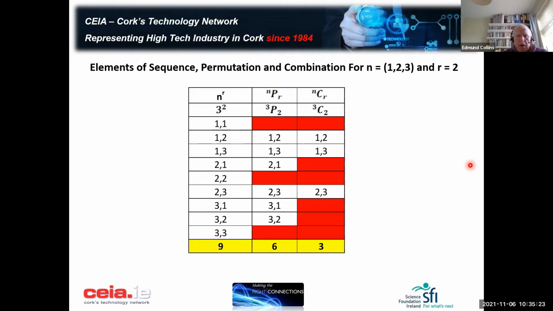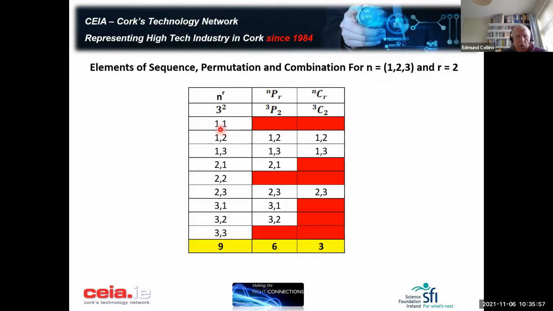So we want to pick two numbers out of this set of 1, 2, 3. So if we look at the sequence first here, a sequence is actually n to the power of r. That's how a sequence would be designated here in relation to n being 3 and r being 2. So that means we have actually 9 elements for sequence, as you see here.